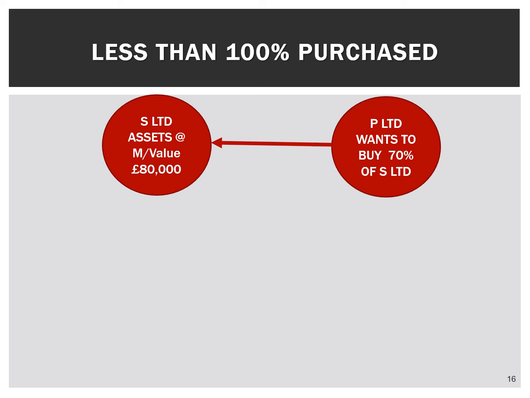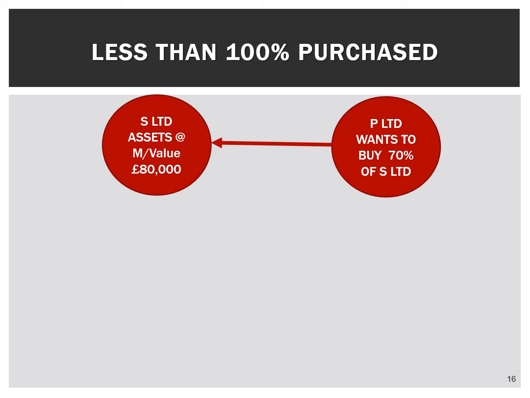It only wants to buy a controlling interest of 70%, so it will still have control, but it won't own 100% of the shares. Now, if it only wants to buy 70% of the share capital, that means that legally it owns indirectly 70% of the assets.